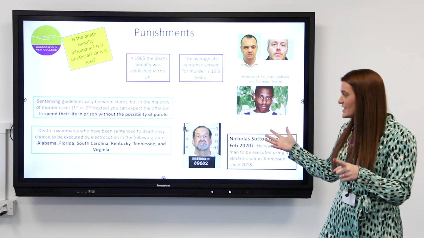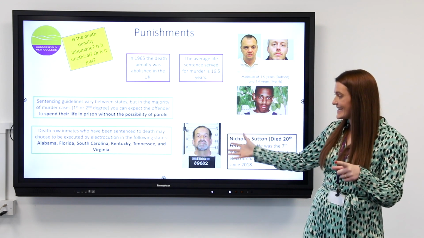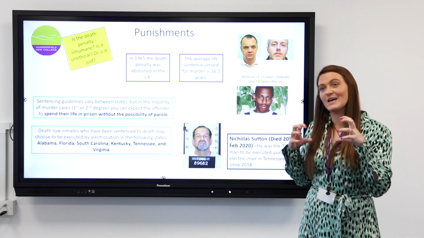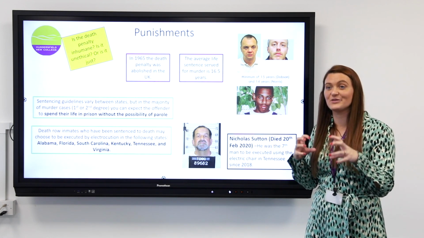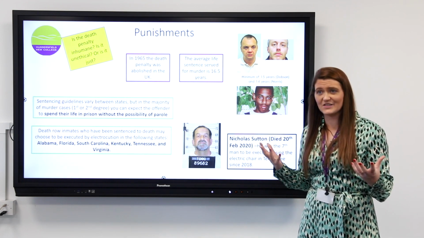Not only that, in some states, Alabama, Florida, South Carolina, Kentucky, Tennessee, the law still states that somebody could be sentenced to death through electrocution, the electric chair. That's something that just seems so alien to us.